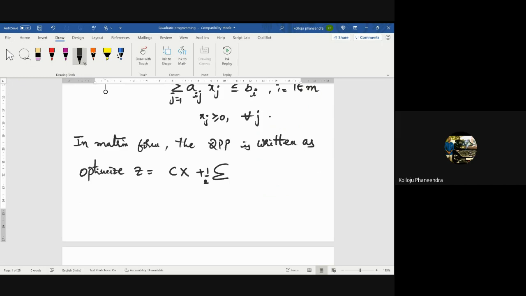There is no summation in matrix form, directly 1 by 2. What is that? Xj into djk into xk can be written in quadratic form matrix notation as x transpose Dx, subject to the constraints Ax less than or equal to b, and x greater than or equal to 0. Okay, this is the matrix form.